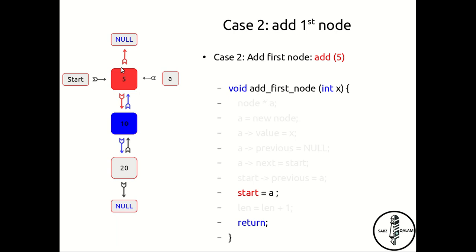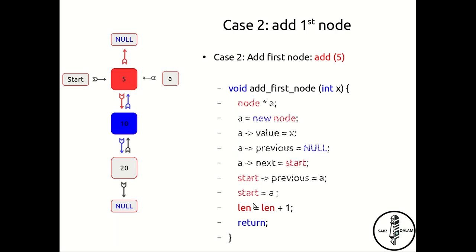Now that we've established and put this at its appropriate position, that's really it. All you're left with is to increment the length global variable so that it updates by 1, right? So all add functions increment the length at the end of the function, and all delete functions decrement the length by 1 at the end of the function.